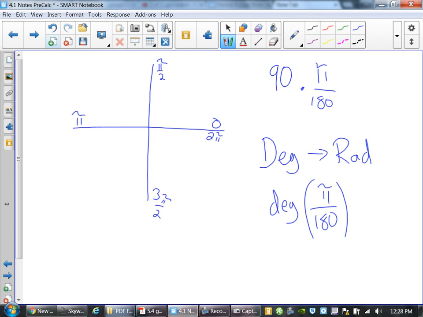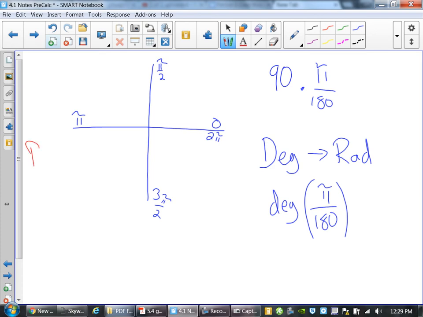How do you think you go from radians to degrees then? You just flip it, exactly: 180 over pi.